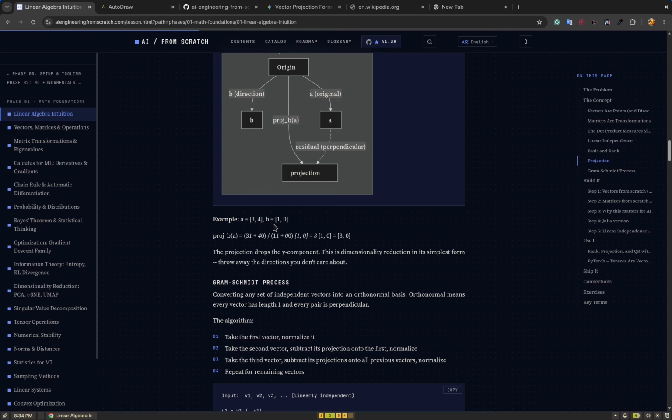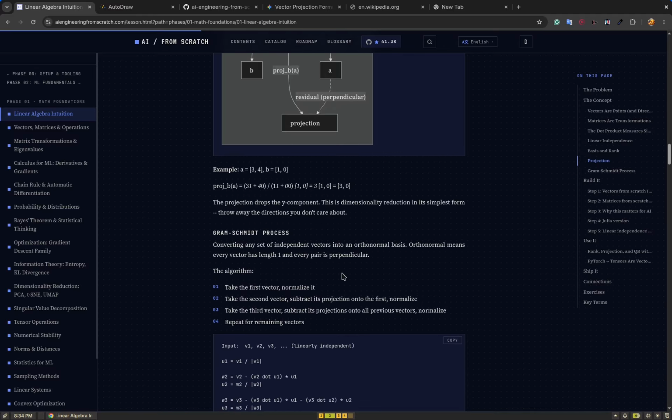So A dot B is 3, so 3 and 4, 0 0. B dot B is just 1 squared plus 0 squared. So it's 3, 0, I think. Yeah. The projection drops the y component. This is dimensional reduction, the simplest one, which throws away a direction.